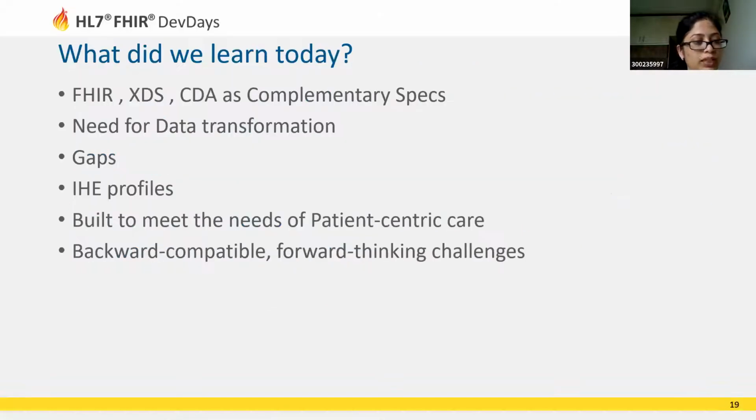Just to summarize quickly what we went through today, we discussed the healthcare ecosystem, the different variabilities, complexities, data formats and specs that exist. We also learned about FHIR and CDA, and how, from the consumer standpoint, irrespective of the data source, we can provide the data in the format the consumer is asking for. We touched upon the need for data transformation from CDA to FHIR. Then we learned about the profiles which we used as a guideline to build these capabilities.